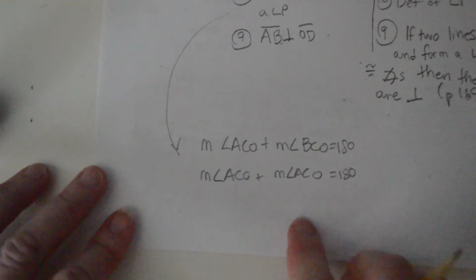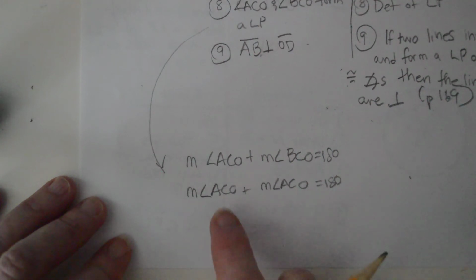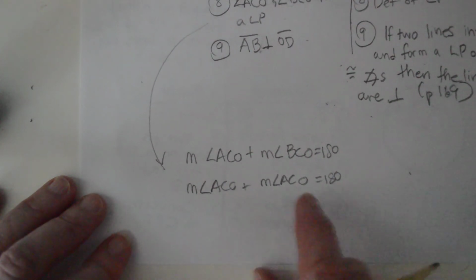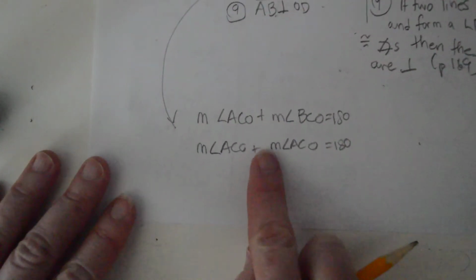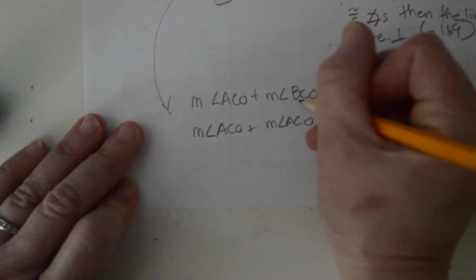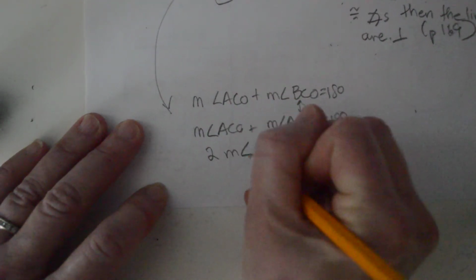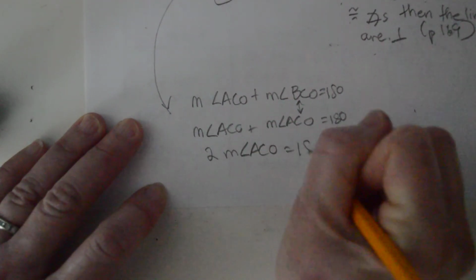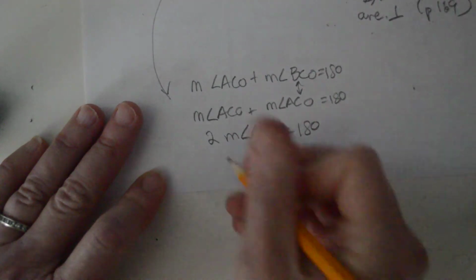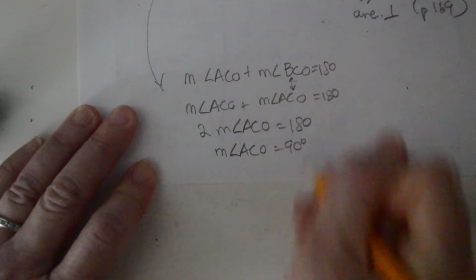We would probably also need to put in the measure of angle ACO equals the measure of angle ACO. I'm going to skip that step, but once we can do that substitution, now we can say that 2 times the measure of angle ACO equals 180. And then we could say that the measure of angle ACO equals 90.